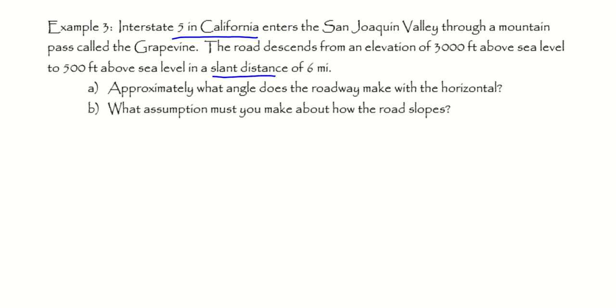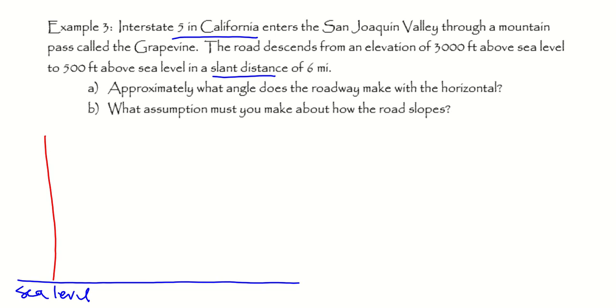All right, so this is what's going on. We're going to call this sea level. My highway goes from an elevation of 3,000 feet above sea level, so it goes from here, and we'll say that that's 3,000 feet, and then drops to an elevation of 500 feet. So we'll say that 500 feet is here.